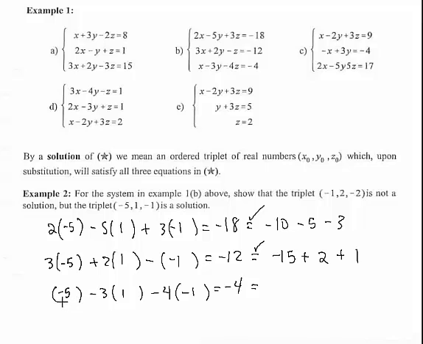And finally, we have a negative 5, we have a negative 3, and then we have a plus 4. The negative 5 and the negative 3 give us a negative 8, and if we add 4, it drops it down to a negative 4. So the third one checks out. So this triplet, negative 5, 1, negative 1, is a solution to the system.